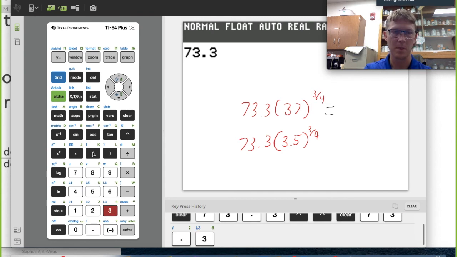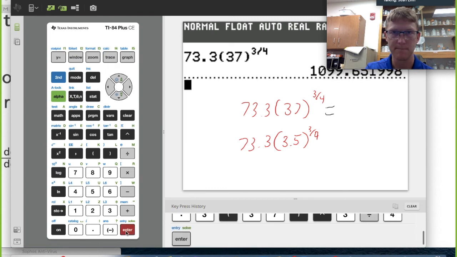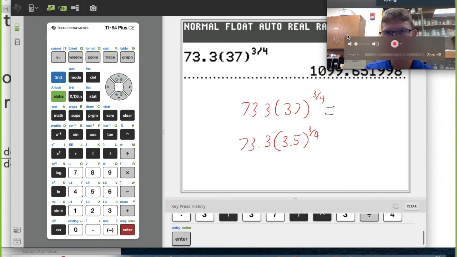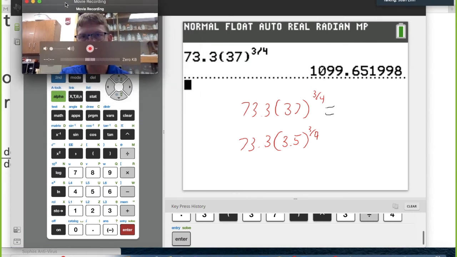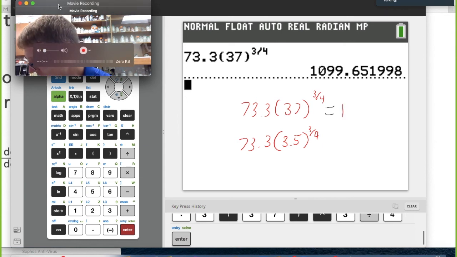73.3 times, or parenthesis, whatever you want to do. Now we're going to do it to the power of 3 divided by 4. So that one is going to be 1099.65.